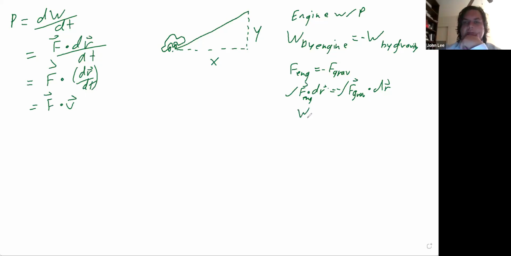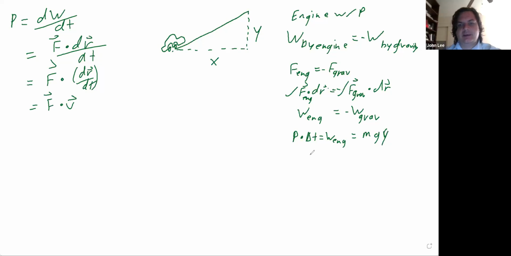So work by the engine equals negative work by gravity. If this is the case, then the power times delta T, which is the work of the engine, is equal to mg y.